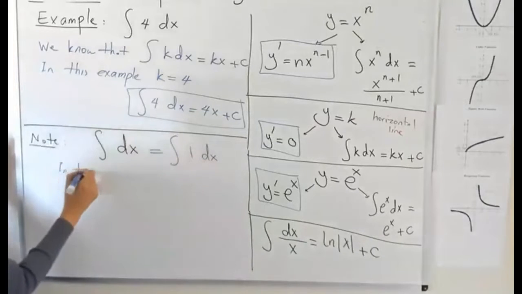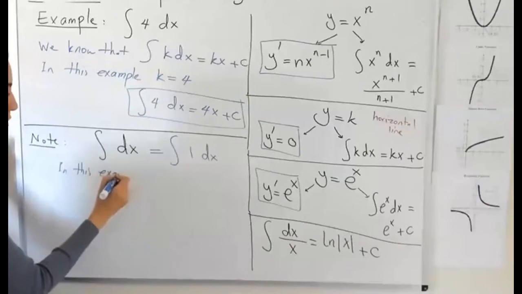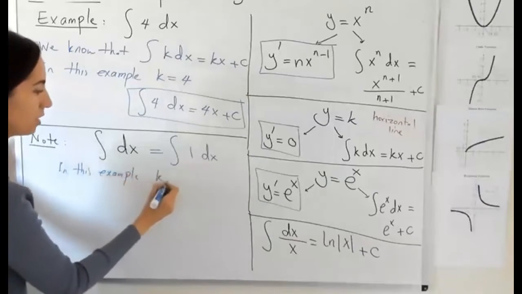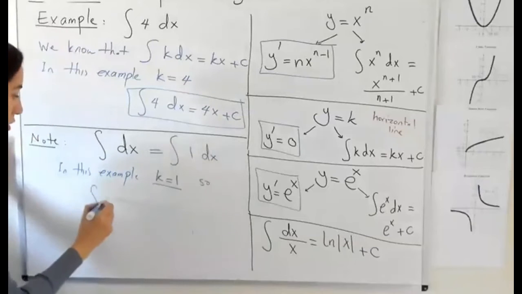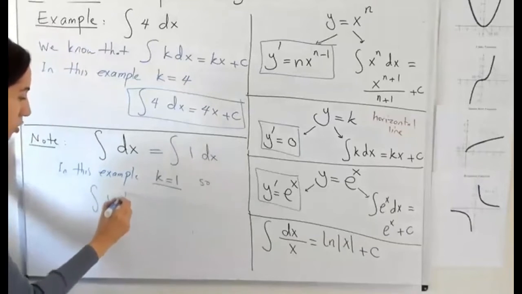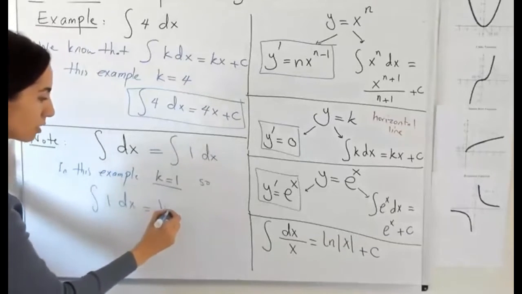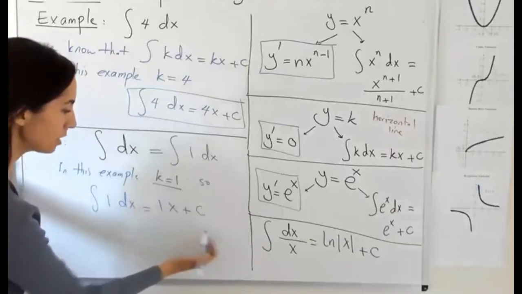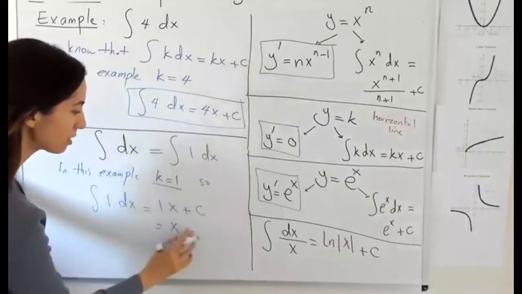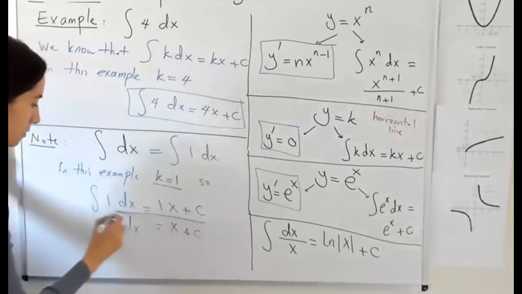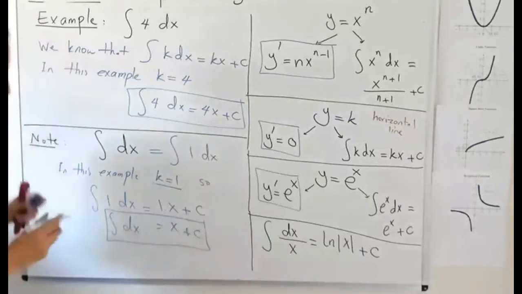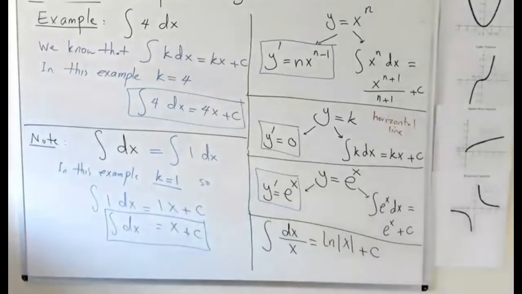So in this example, k is equal to 1, so the integral of 1 times dx is 1 times x plus c, or x plus constant of integration.